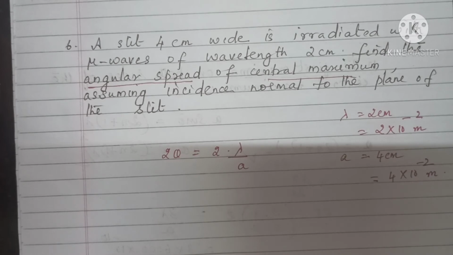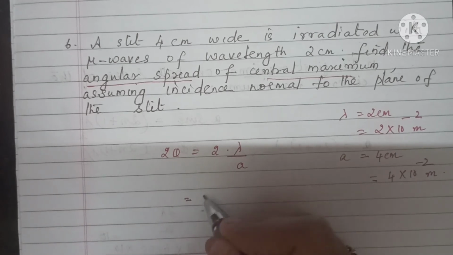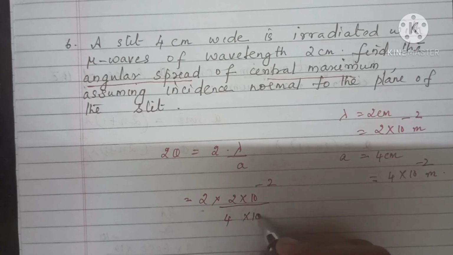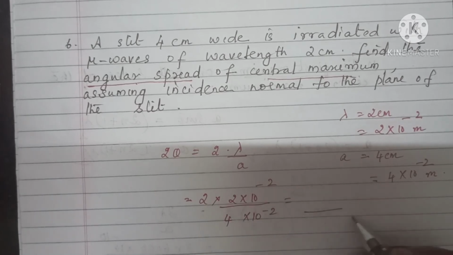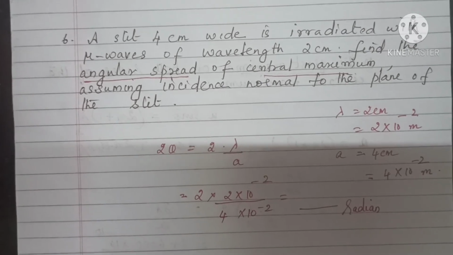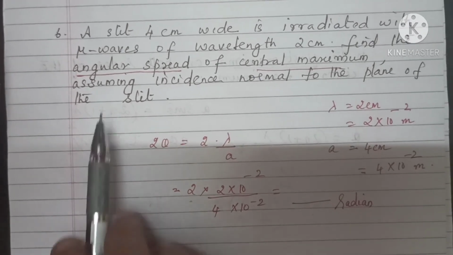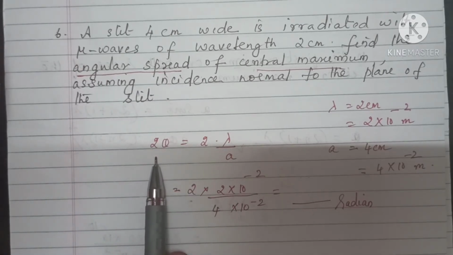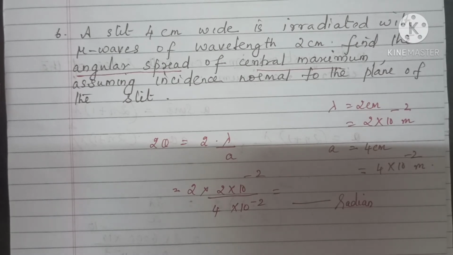Then it is direct substitution, that is 2 into 2 into 10 power minus 2 divided by 4 into 10 power minus 2. So you will get the answer in radian. In this way also the question will be asked, angular spread, which means 2 theta only, that is 2 into lambda by A. Clear?